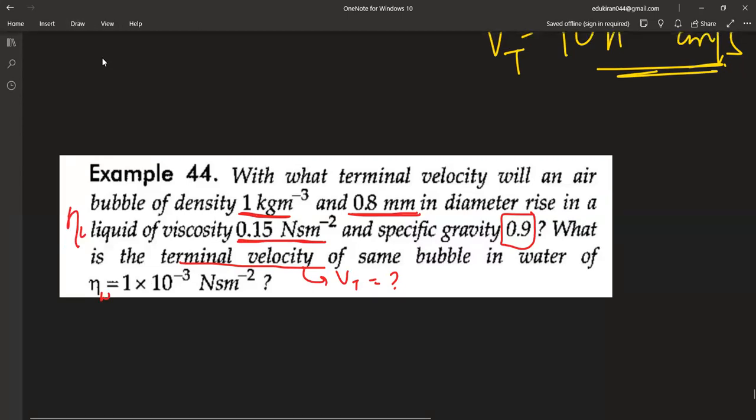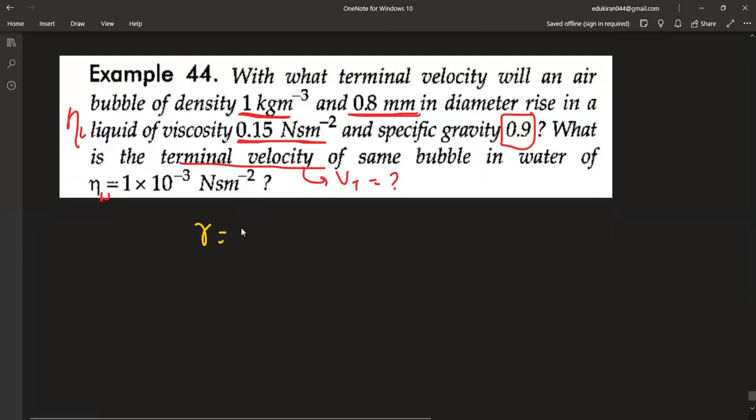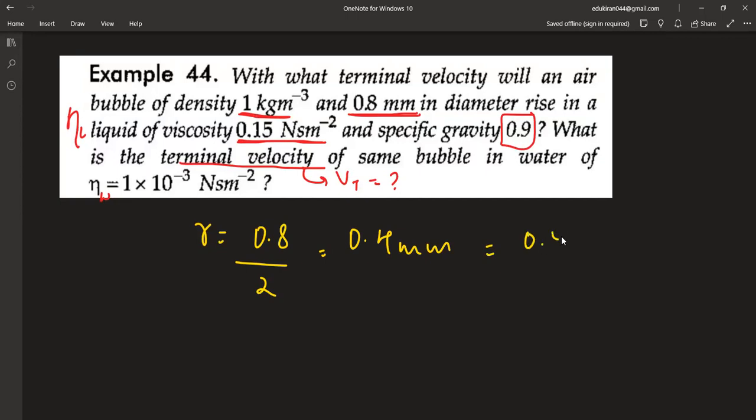Now, how will you calculate these? I have always told you, whenever you have questions from any of the lessons of physics, first you have to write the data that is given. Then only you will be able to figure out what all things are mentioned, what all not. So radius, this is 0.8 by 2, which is equal to 0.4 millimeters, equal to 0.4 into 10 to the power minus 3 meters.